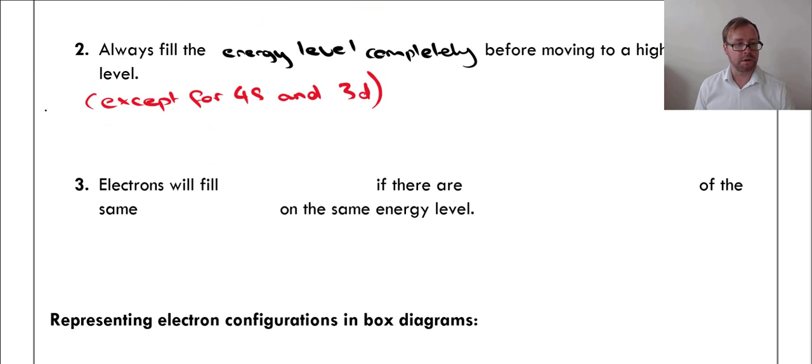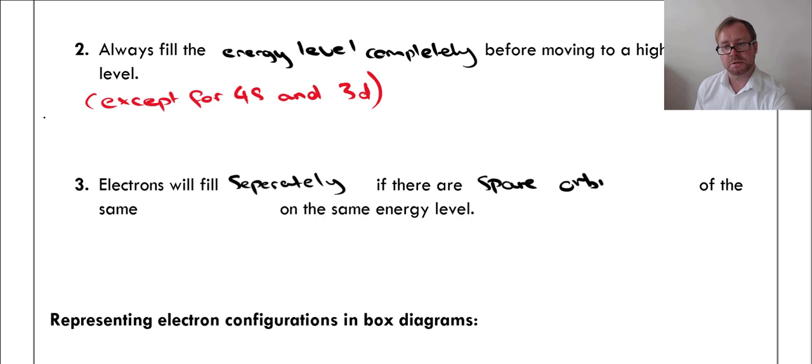Okay, moving on. Third, electrons will fill separately if there are spare orbitals of the same energy on the same energy level. This will become more apparent when we go on to the box diagrams for electron configurations.